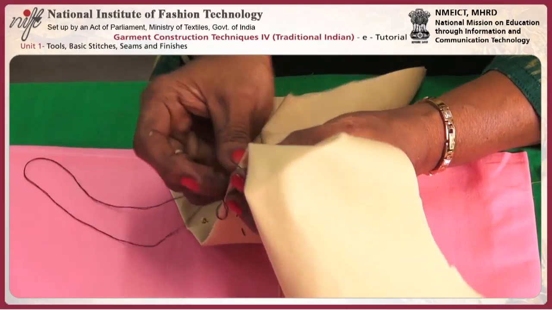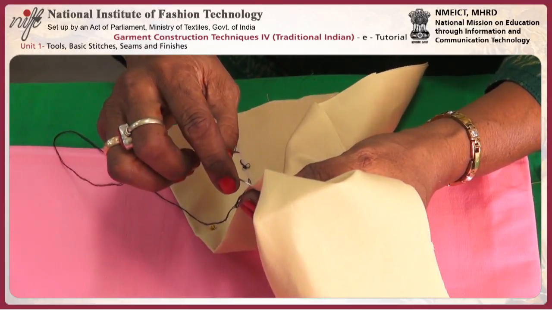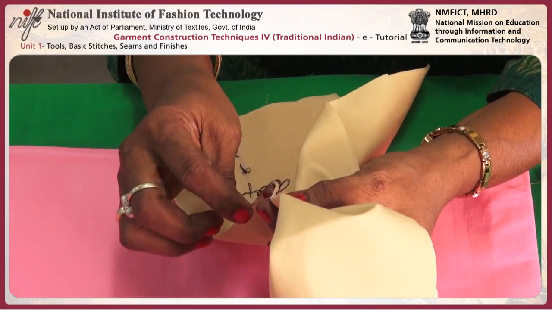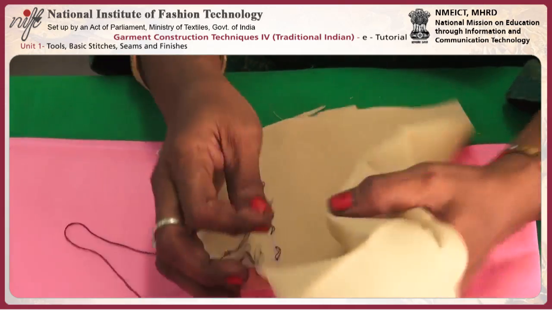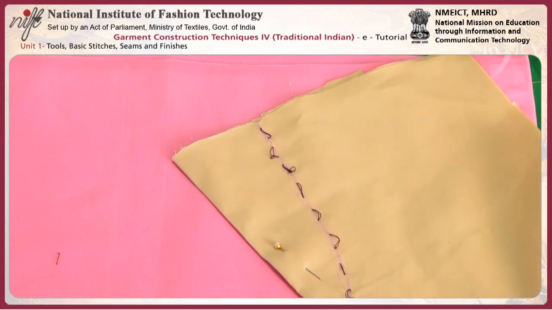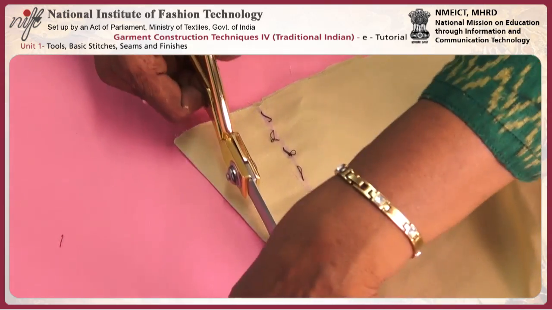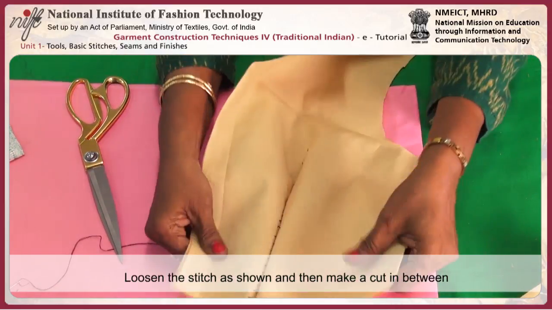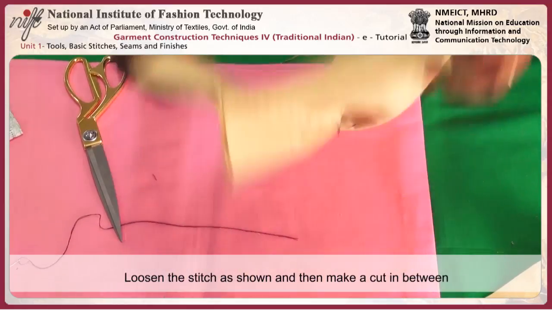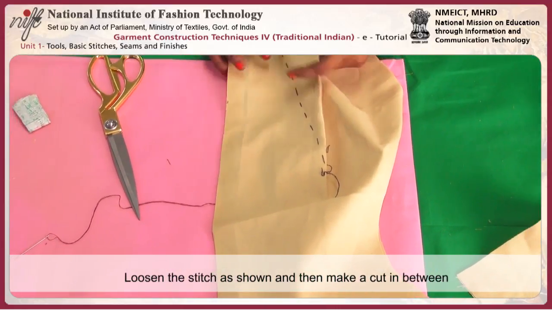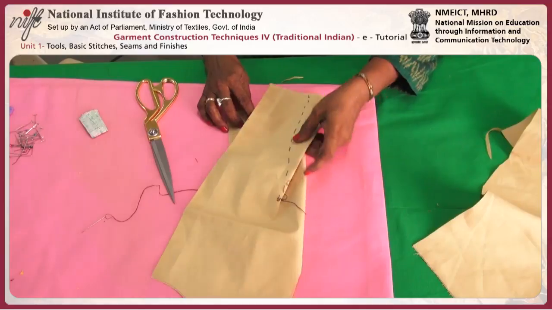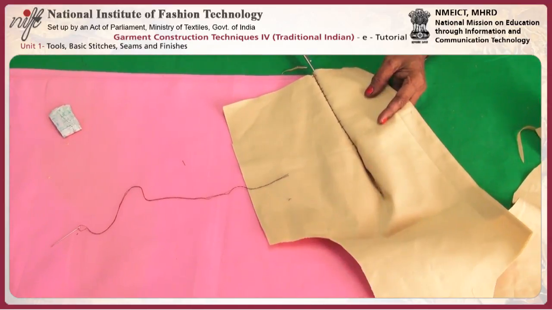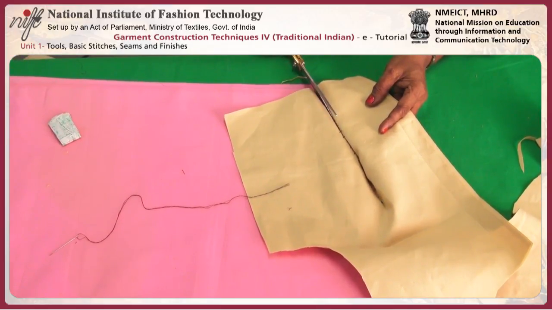So you have to do the tacking, and at the end you may do the double tacking also, because we may identify the dot point wherever it ends. Okay. Now loosen the stitch like this, and then make a cut in between.